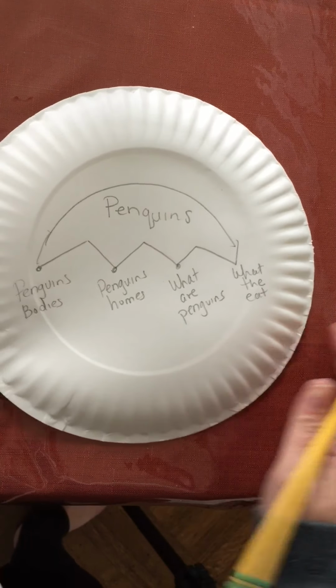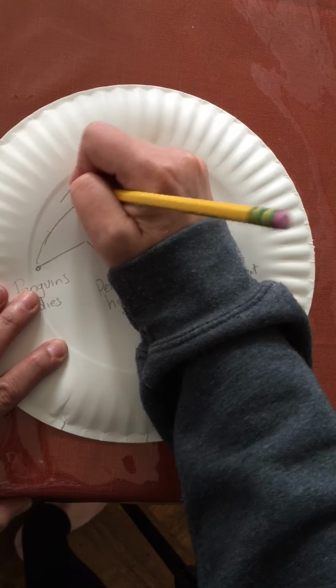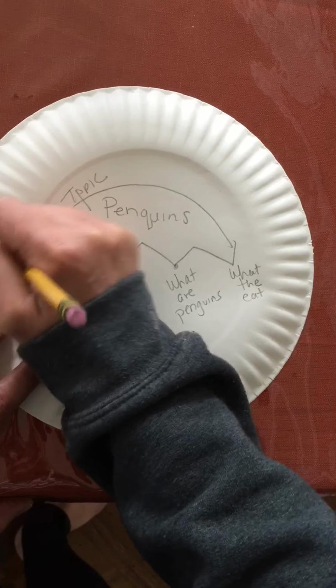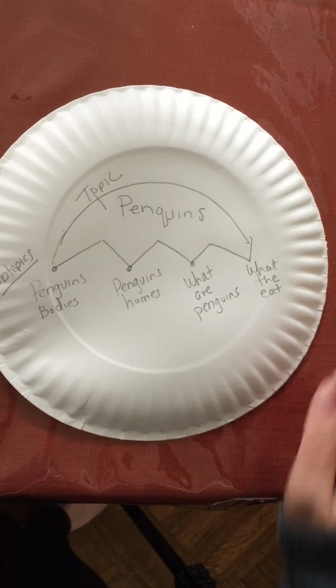So now that we've oriented ourselves to the text, we know here's our topic, and we're predicting some subtopics that we might be learning about. So that's today's read aloud, but I will see you soon.